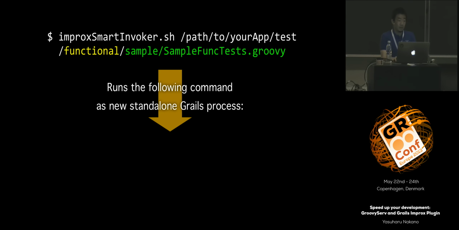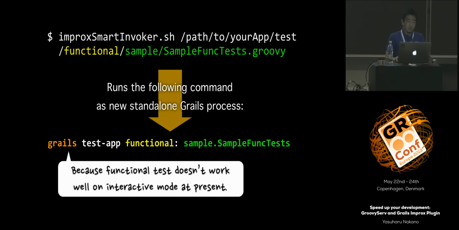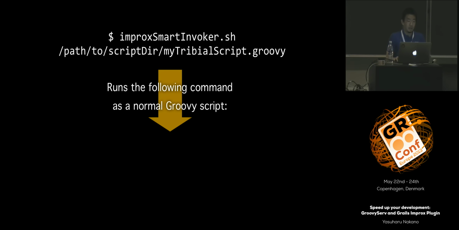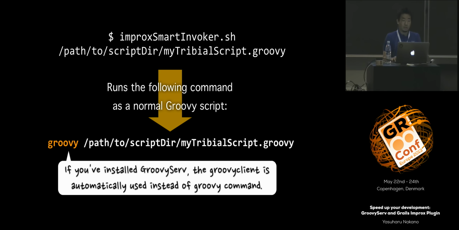Next, in case of a file in the test functional directory, Improx Smart Invoker runs this Grails command as a new standalone Grails process. It's because functional tests don't work well in interactive mode at present. In other cases, Improx Smart Invoker tries to run it as a normal Groovy script.